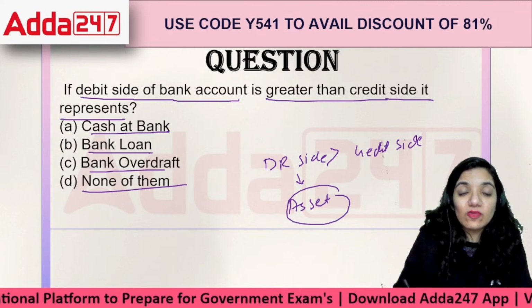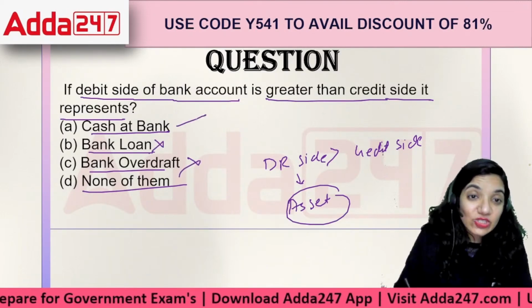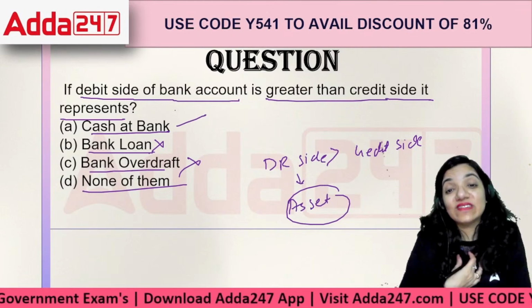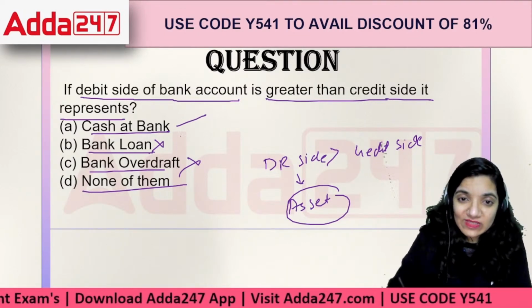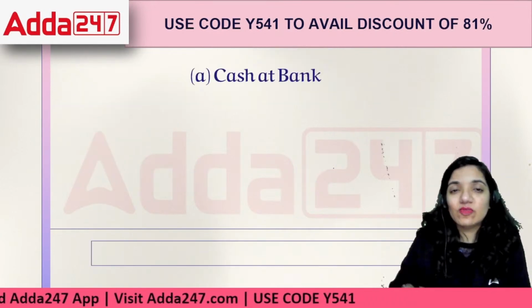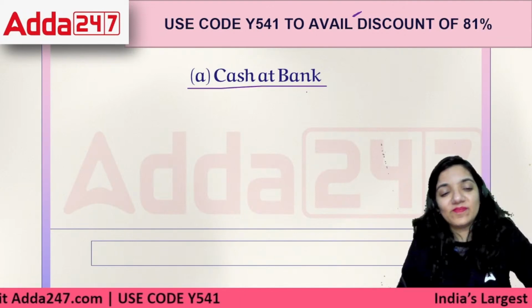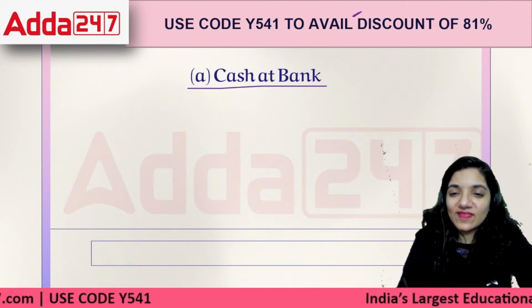So bank loan is a liability. Bank overdraft is again a liability. Cash at bank is the amount that I possess in my bank account, which is basically an asset. So the correct answer would be cash at bank.